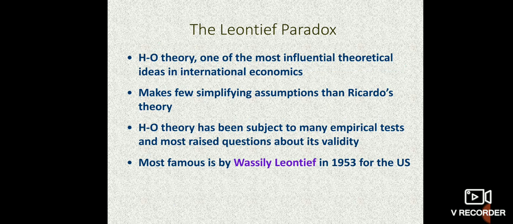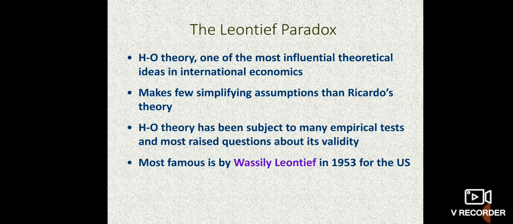Now, while we speak about the limitations of the Heckscher-Ohlin theory, you can explain them very easily, where the assumptions themselves become the limitations of the theory. Here a very important piece of research was made, called the Leontief paradox.